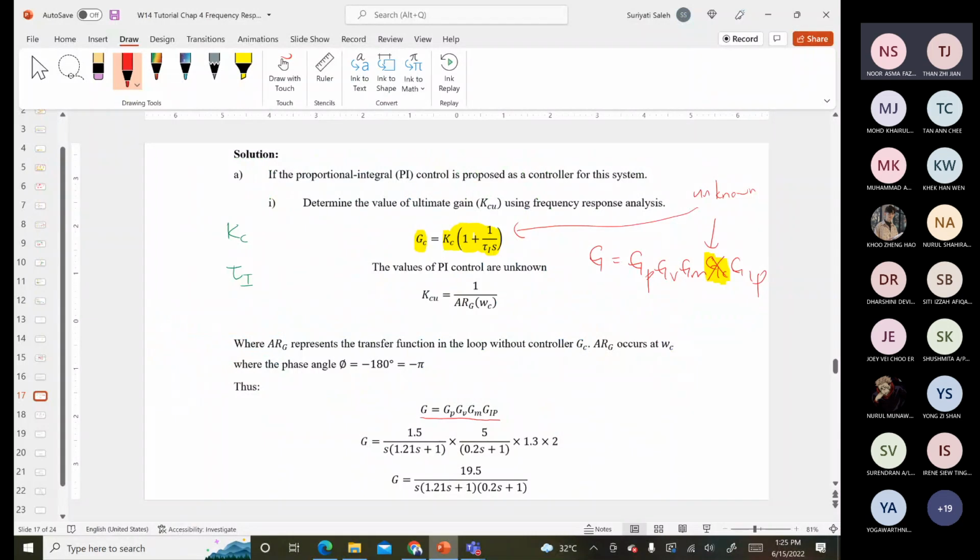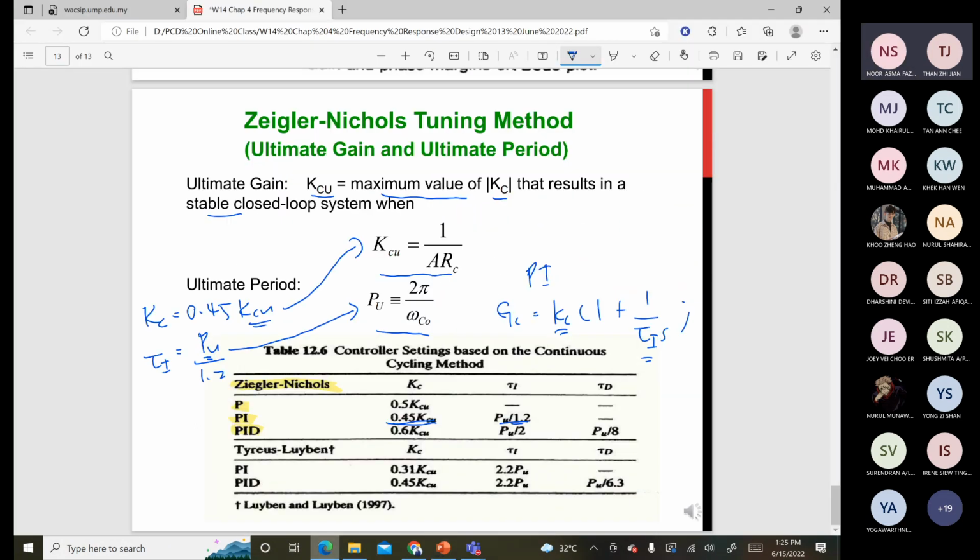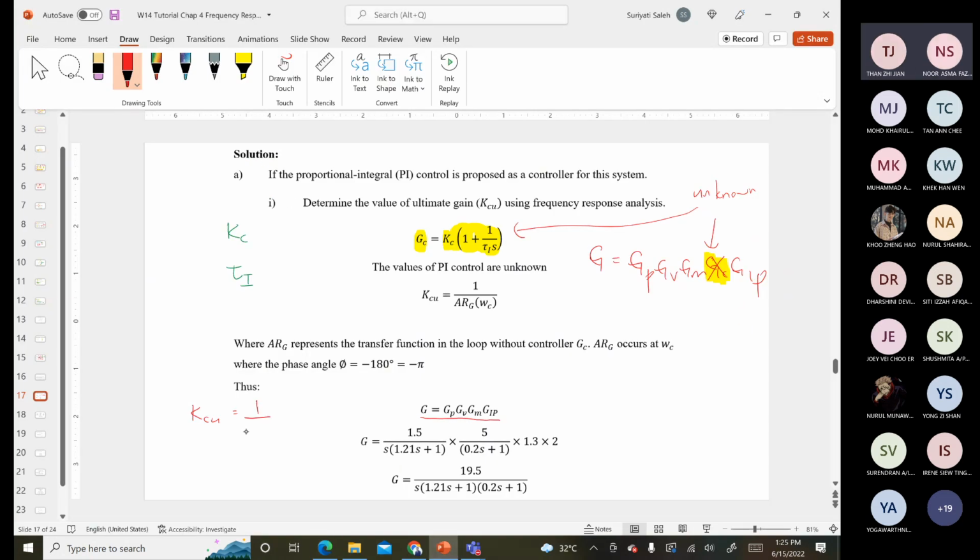So in this case, we know that KCU equal to 1 over ARC. So what is the ARC? ARC, we know that AR at critical frequency, occur at WC, occur at angle negative 180.